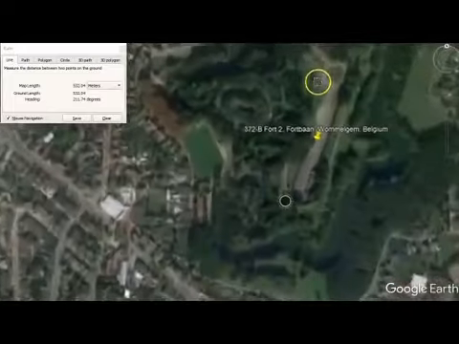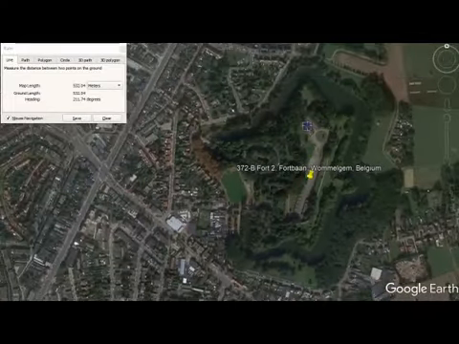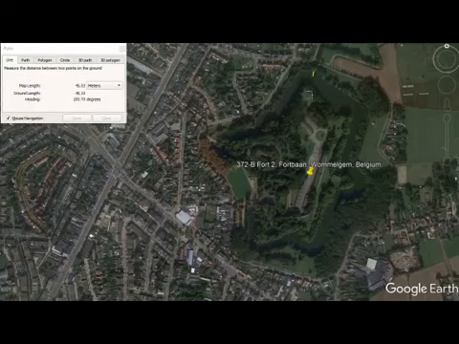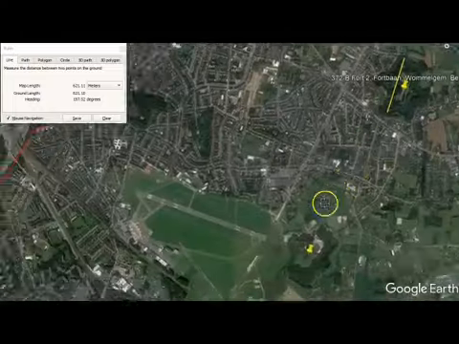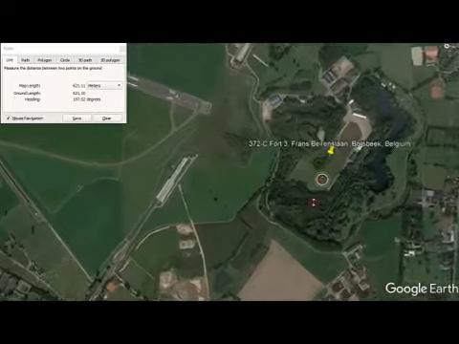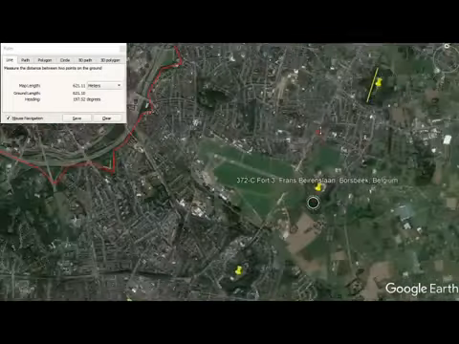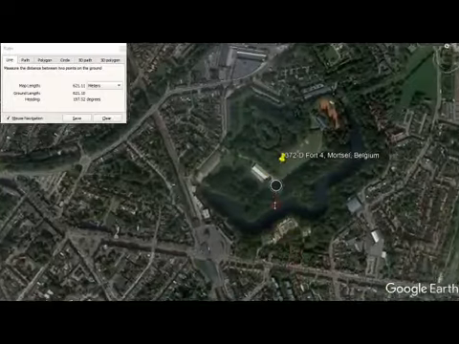So, here's another one. Over 500 meters. Another. Another.